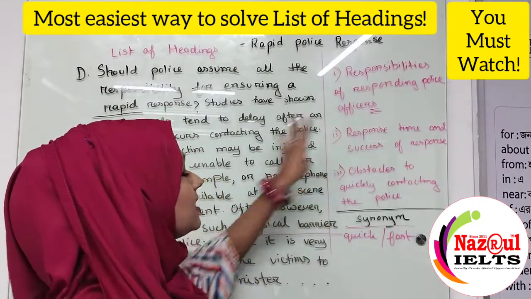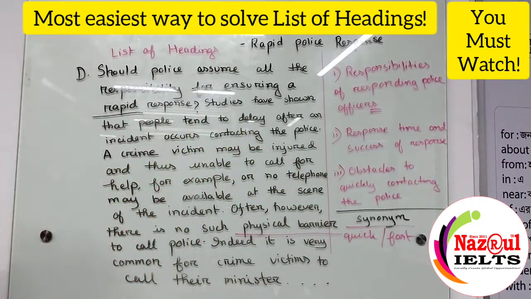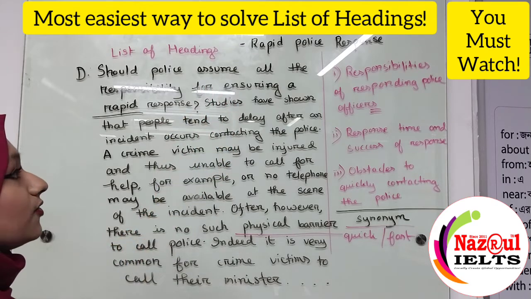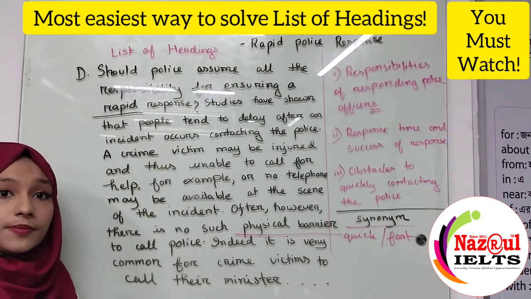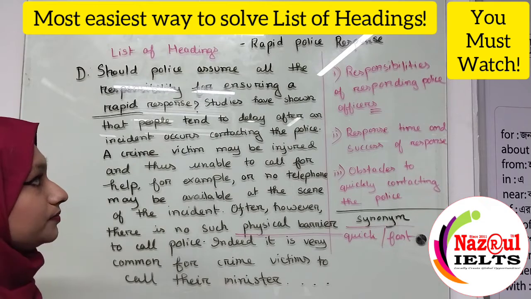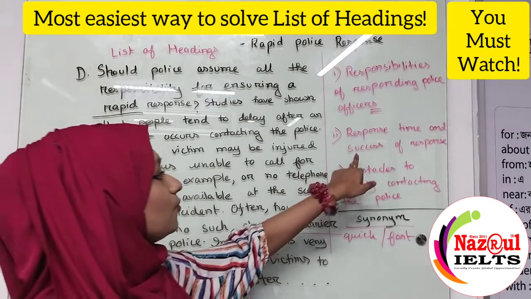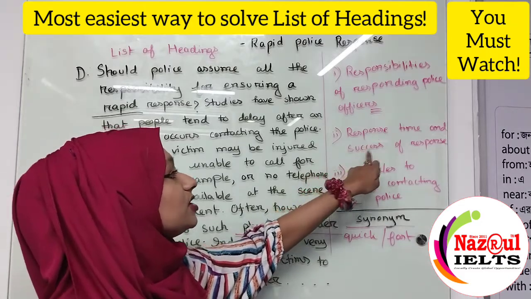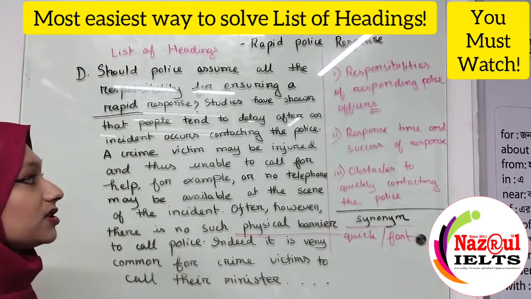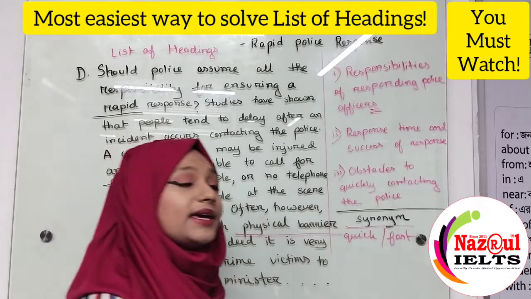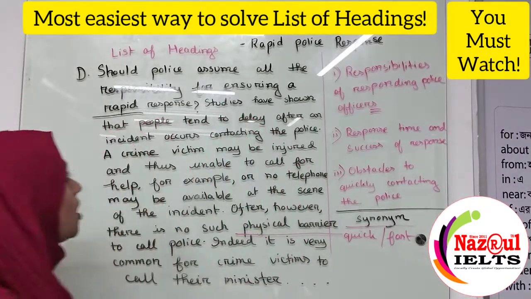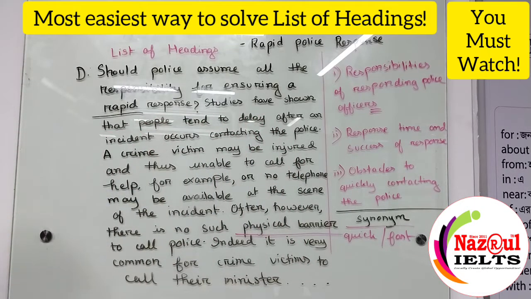So is it saying anything over here about the responsibilities of responding to police officers? No. Then what is it saying? The second one, response time and success of response. Again here, is it really talking about responding fast from the police's side?